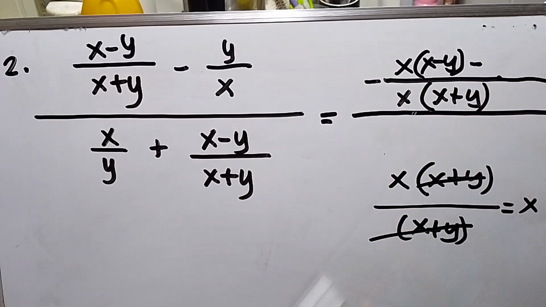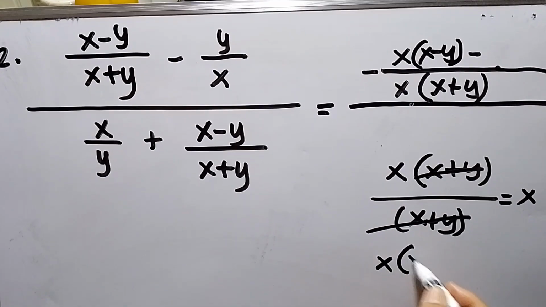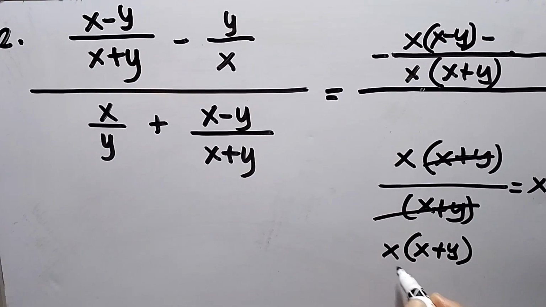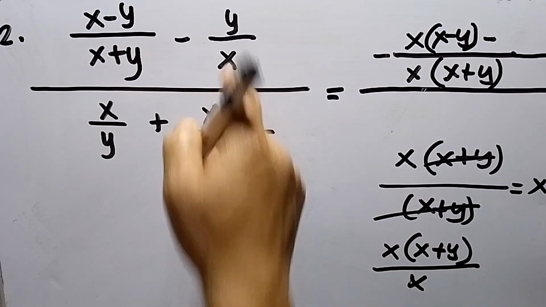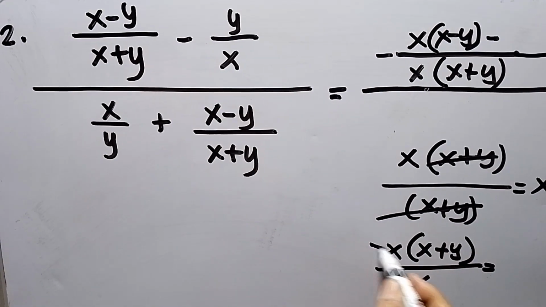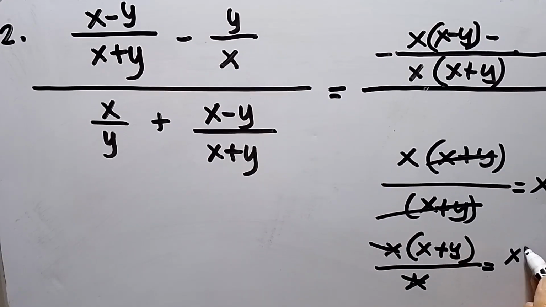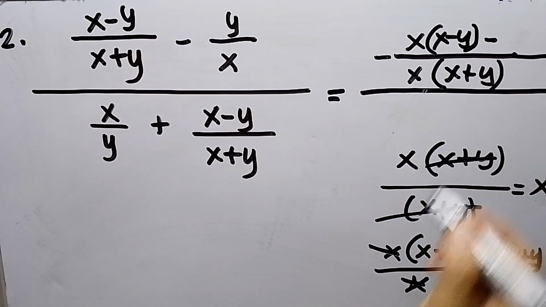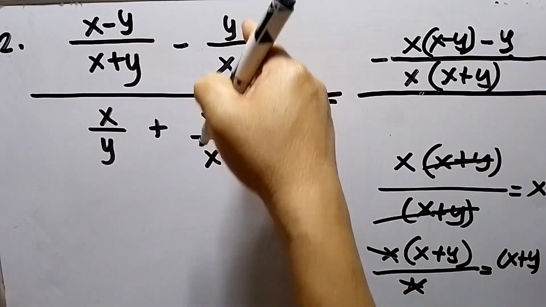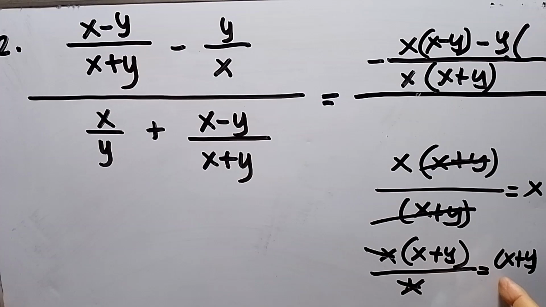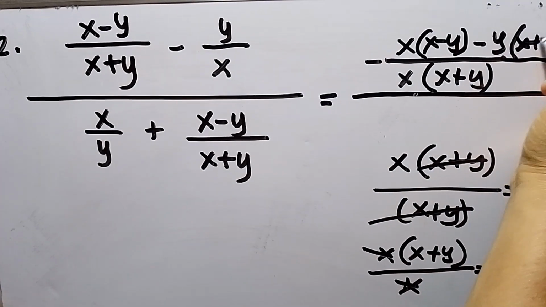Then minus the LCD x plus y divided by the second denominator, which is x. So this will be crossed out. So I have here x plus y, the numerator is y, and then multiply x plus y in here.